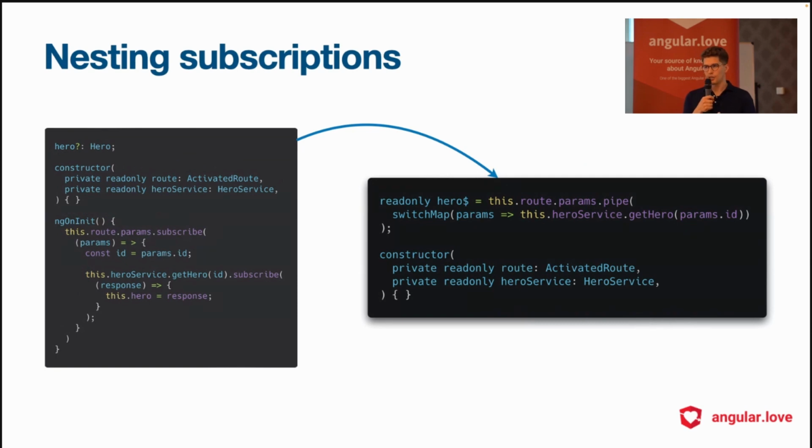And the pipeable operators can also help us with nesting. With nesting, we need to think about it more like mapping an observable into an observable, maybe into another observable. So in this process, we can create observables of observables of observables.